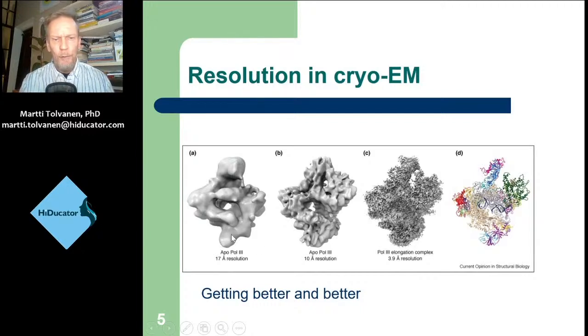And with improved resolution, you can see more and more detail. 3.9 is still terrible compared to X-ray crystallography, but nowadays they go even to 2 angstrom and below, which means atomic resolution and models which are really dynamic.